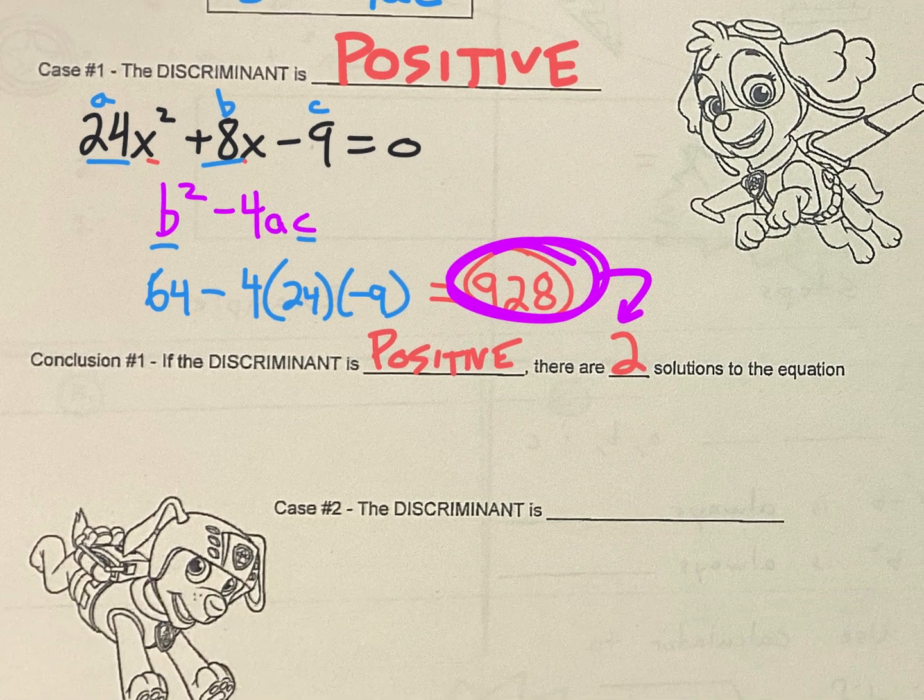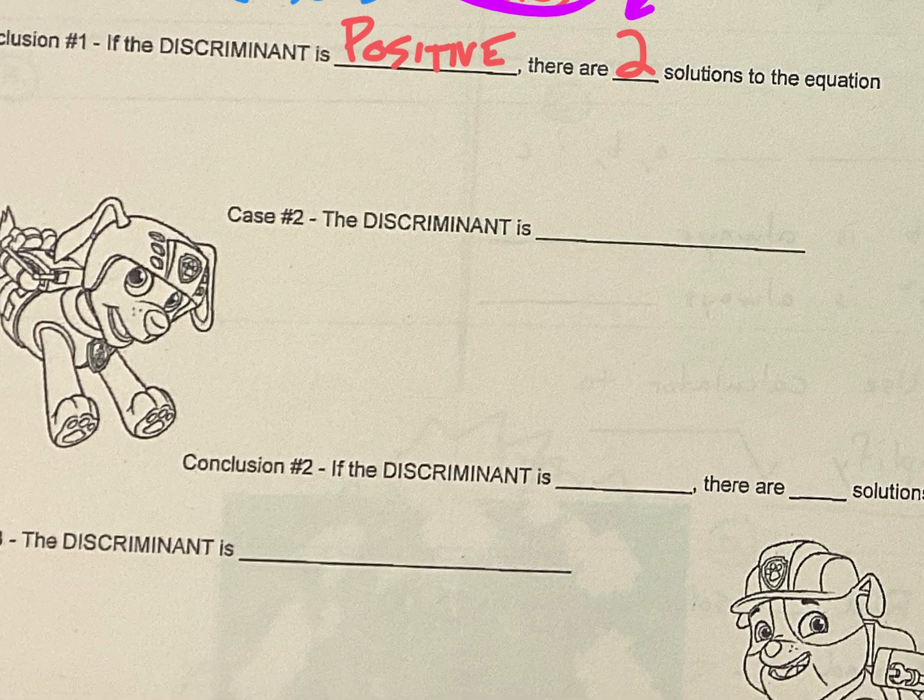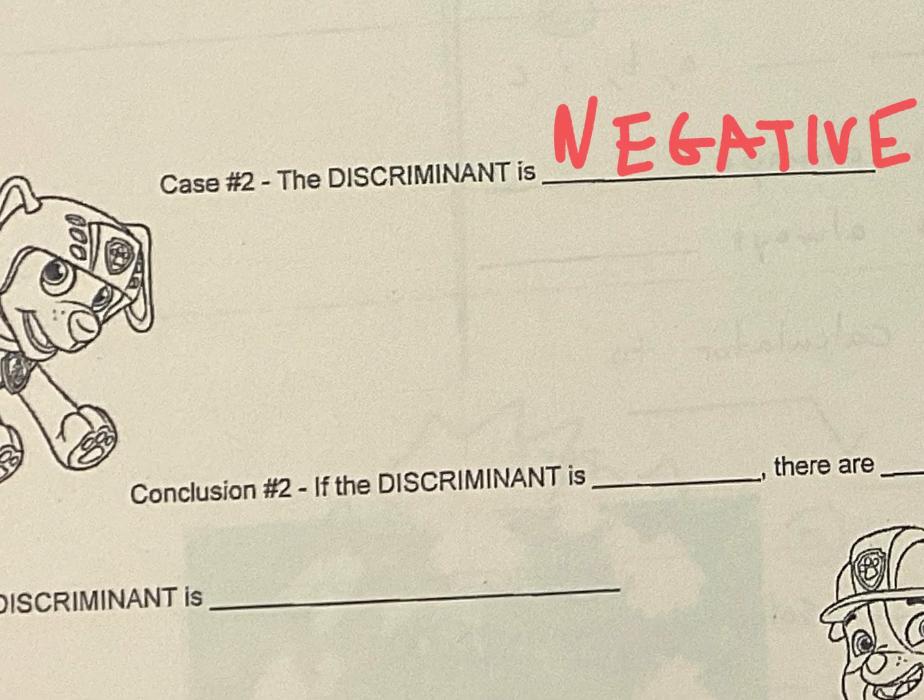Case 2. Sometimes the discriminant will end up being negative. For this, let's take a look at a new equation. X squared plus 6x plus 14 equals 0.